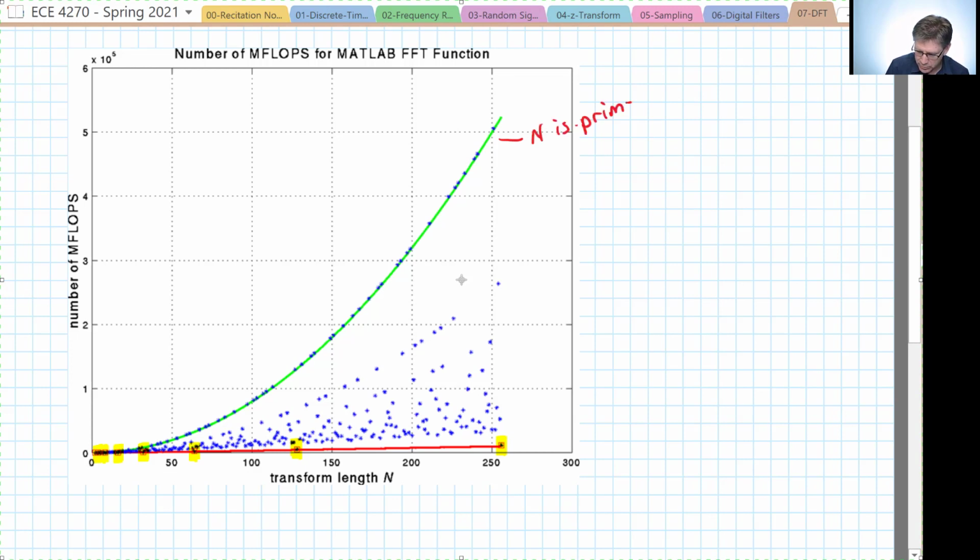And if n is prime, it follows this n squared curve for computational order n squared computations. And here it's order n log n computations. And then in between, depending on what prime factors you have, there are various algorithms that apply that give you some efficiency, just not as much as the n log n.